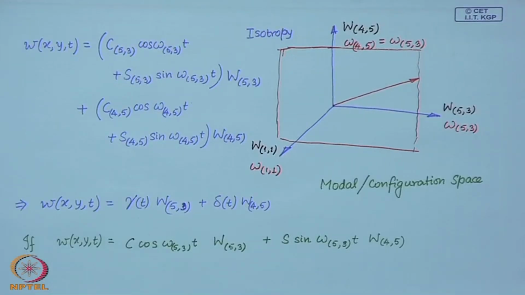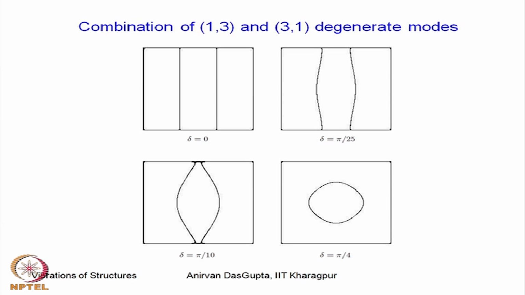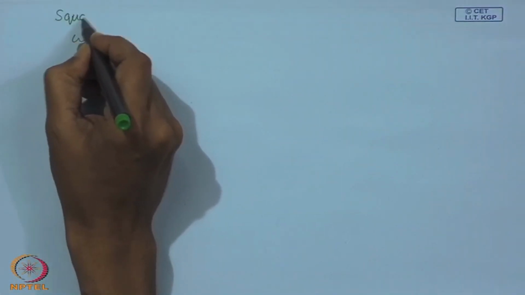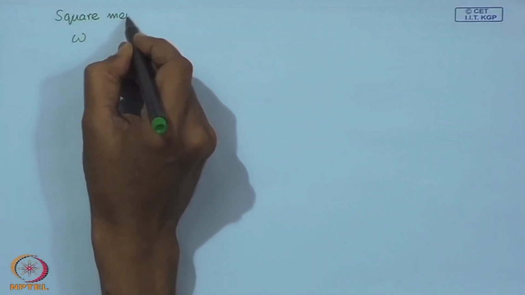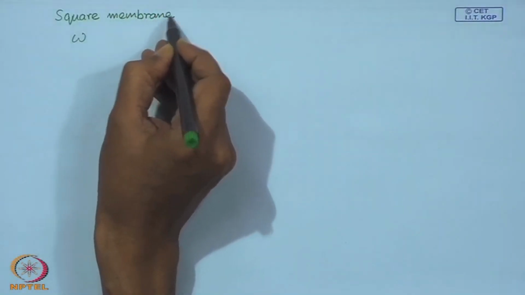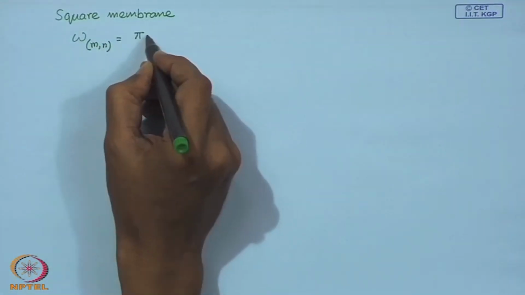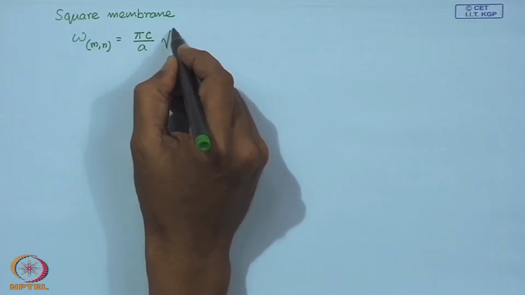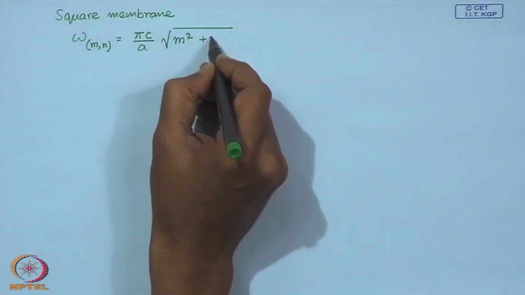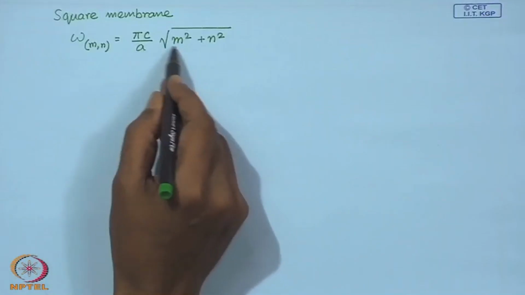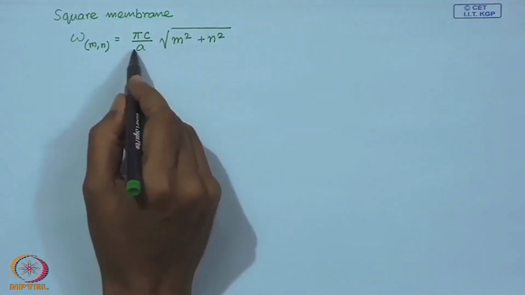So, in this picture I have shown this for a square membrane. Interestingly, for the square membrane, with side equal to a, this is m square over a square, n square over a square. So, that comes out.